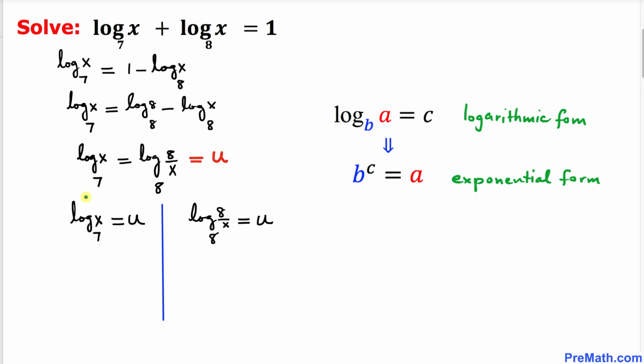Now let's convert these logarithmic forms into exponential form by using this well-known fact. This logarithmic form can be converted by this rule into 7 power u equals x. And likewise, we convert the other one into 8 power u equals 8 divided by x.